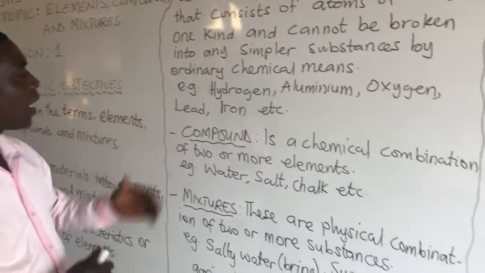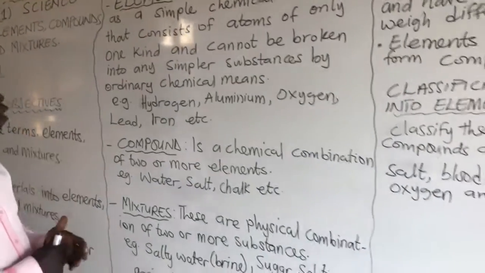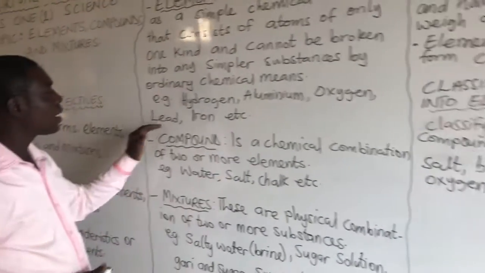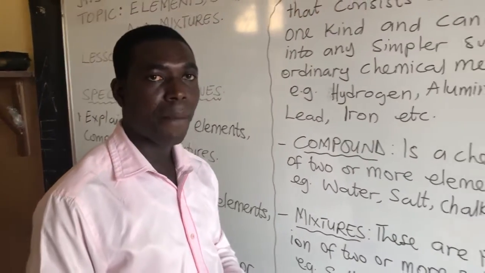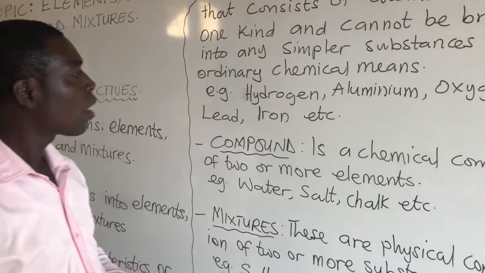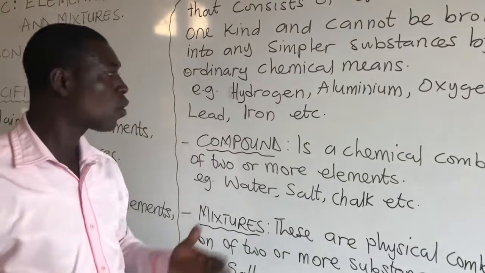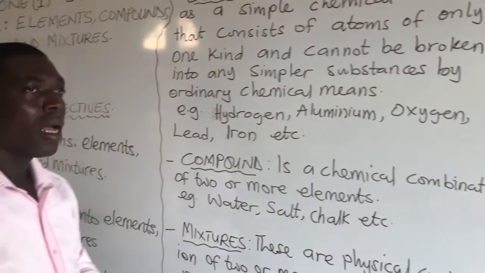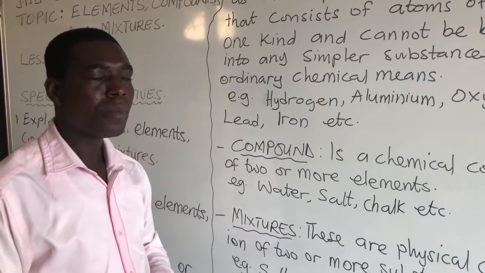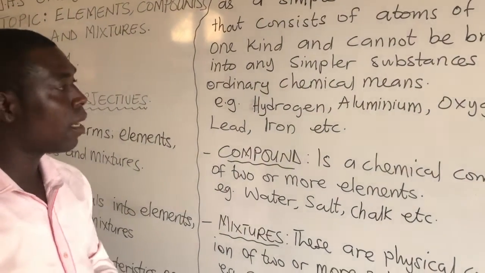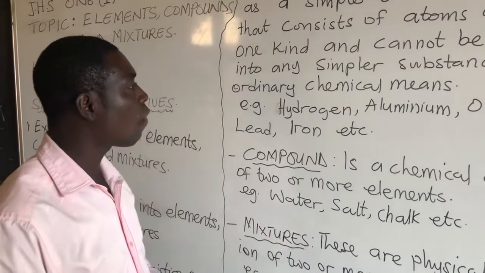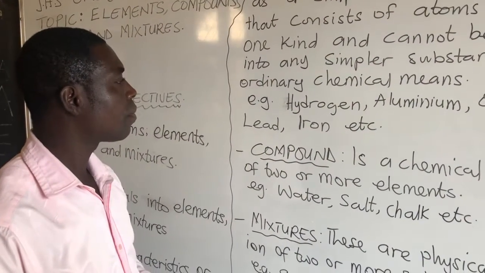We also have lead, another example of an element. Lead is a natural substance which is a metal, but a soft type of metal. We also have iron. You all know iron rods or iron metal. You can mention other examples of elements.